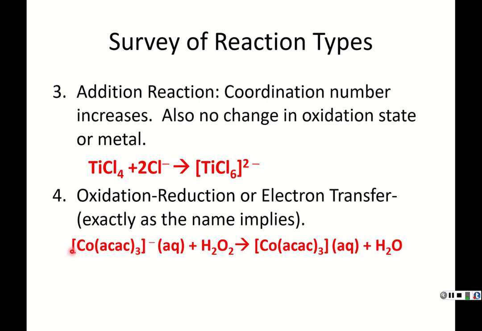If we have this complex, it has a -1 overall charge. If you react it with hydrogen peroxide, the complex in this case does stay the same, but the charge now changes. It goes to neutral instead of a negative. So you're changing the oxidation state of the metal.